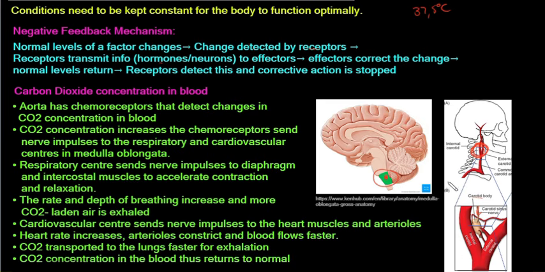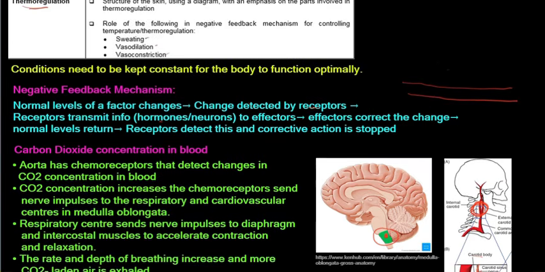If we look at this in an easier way, let me quickly clear out that section there, and then I'll do a quick drawing for you. Let's say you've got your blood vessel, and around the blood vessel and the surrounding areas, for example at the aorta, you've got those chemoreceptors. Let's get a different color going. Let's see if my drawings will work. That is supposed to be a neuron.